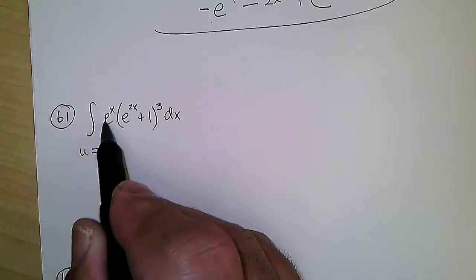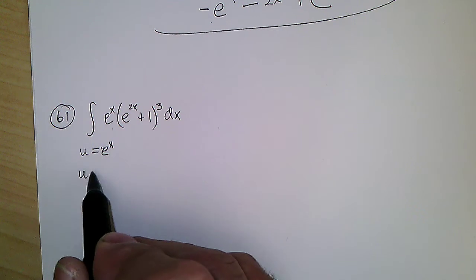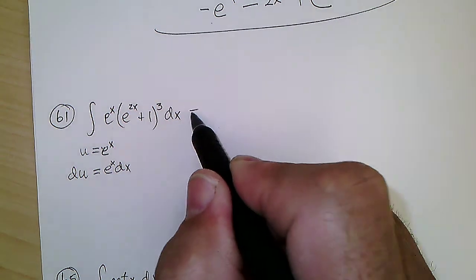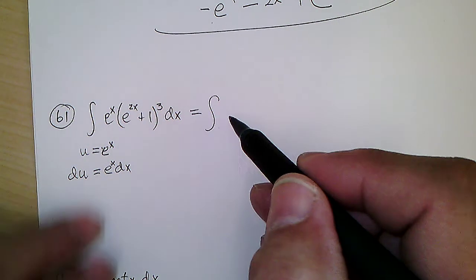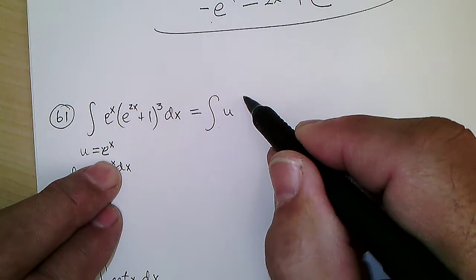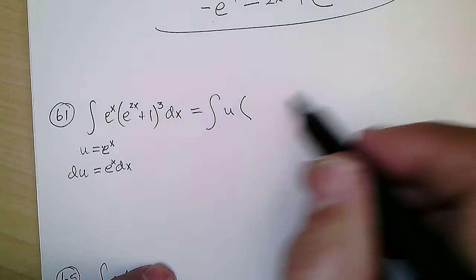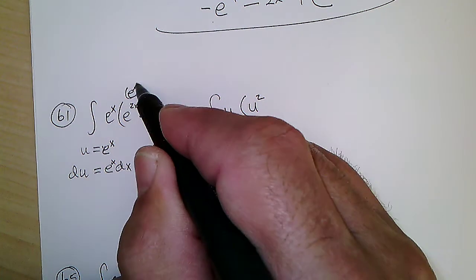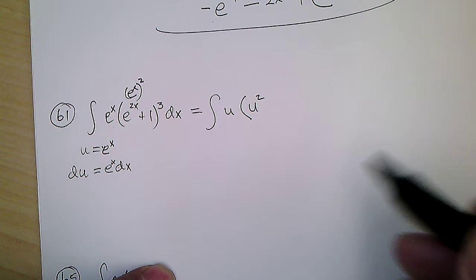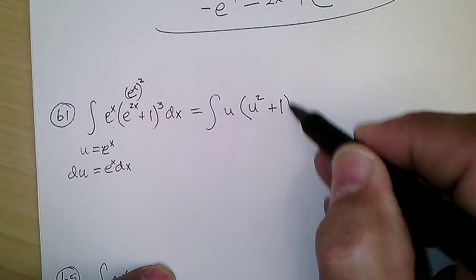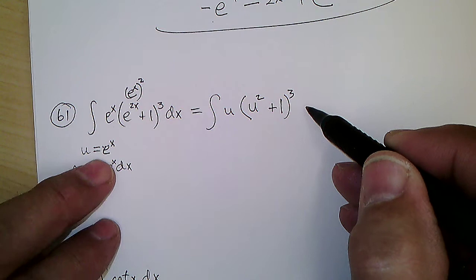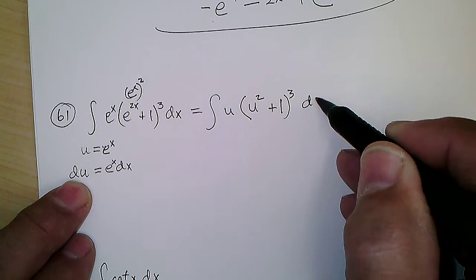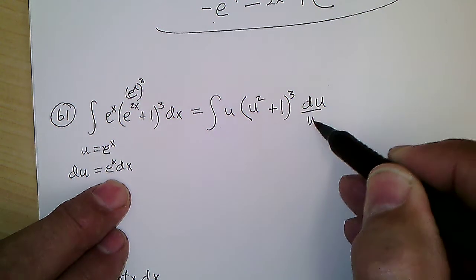So the second choice might be to let u be that, so then du would be e to the x dx, and so this would become the integral u, this would be u squared, because this is like e to the x to the 2, so u squared, plus 1 to the third, and dx is du over e to the x, which is u.